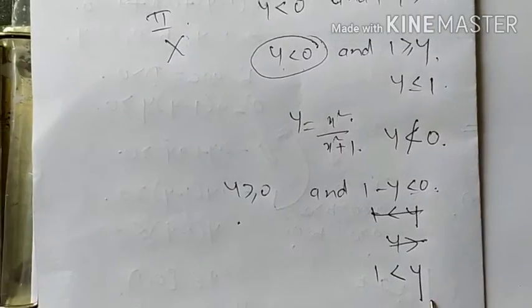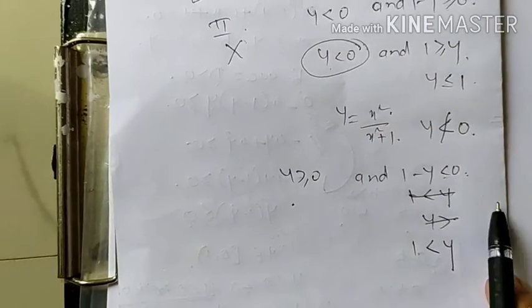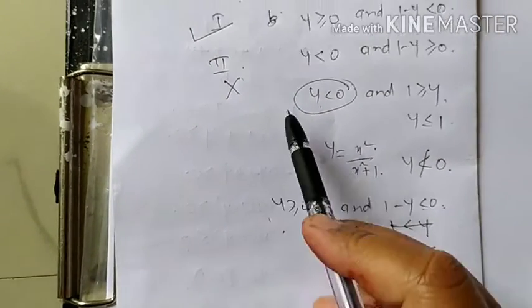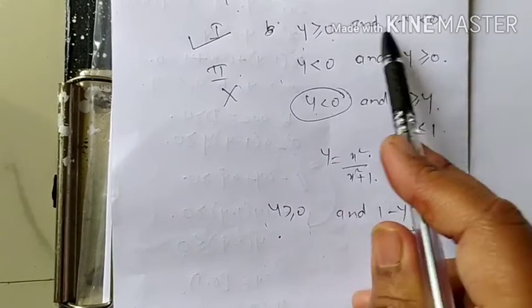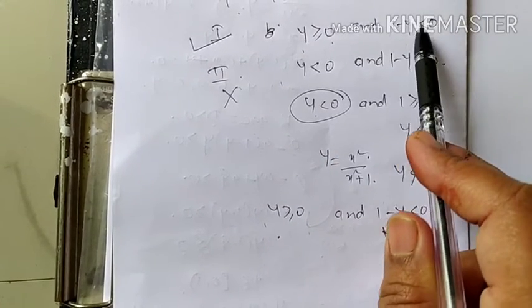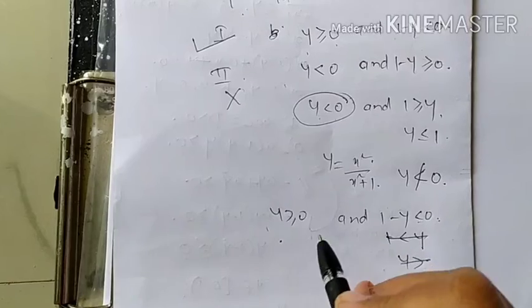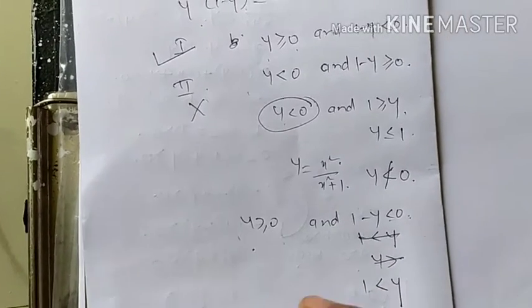So see student, here it is very clear that this condition we are not taking. So only y greater or equal to 0 we need and 1 is strictly less than y. But now we'll see in the options, because we have to go by options also.